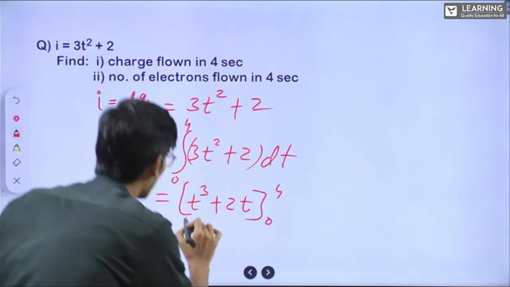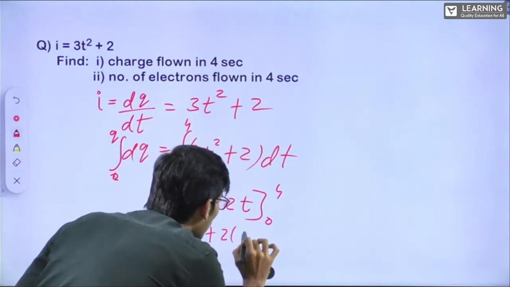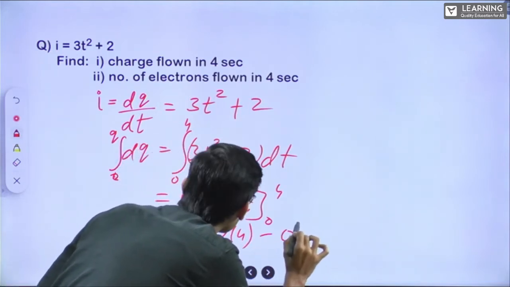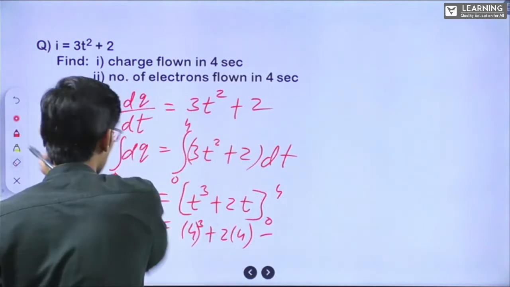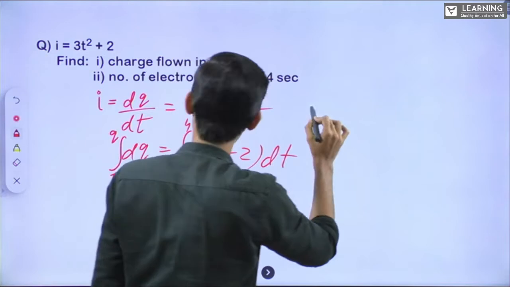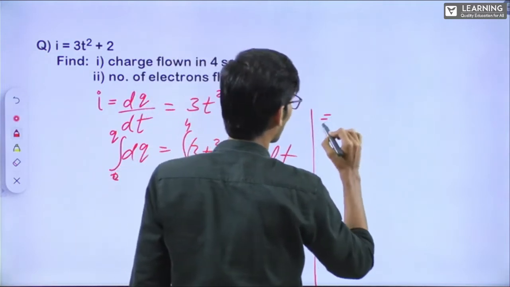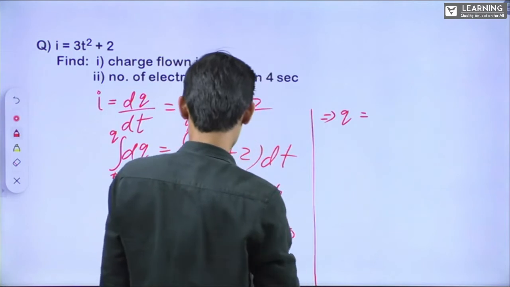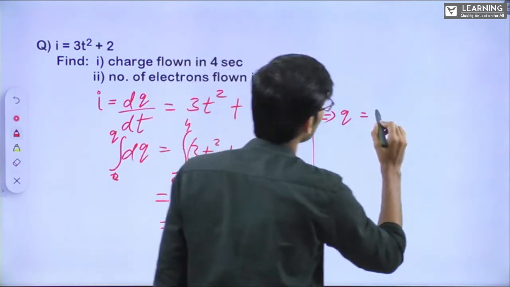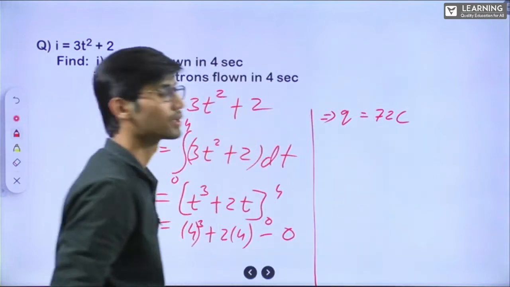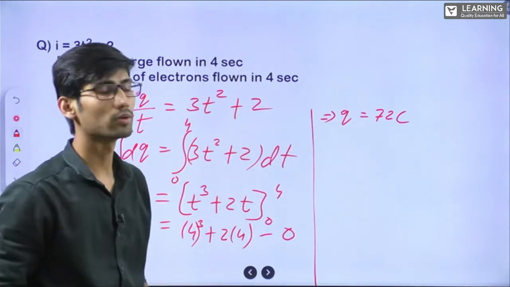If I put 4, it is 4 cube plus 2 into 4, minus 0 cube plus 0, that is 0 only. So Q is equal to 4 4s are 16, 4s are 64, plus 4 2s are 8, 64 plus 8 is 72 Coulomb. Clear? Everything is in SI unit we are considering. This will be 72 Coulomb.